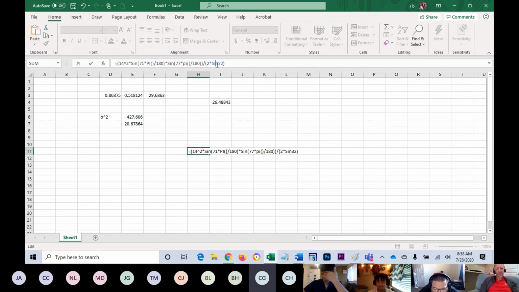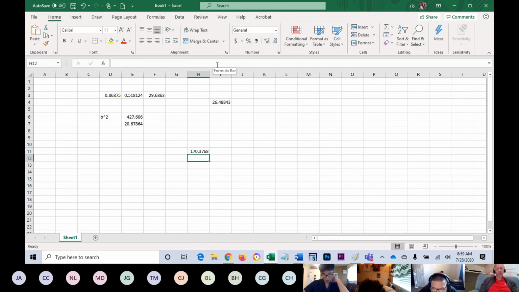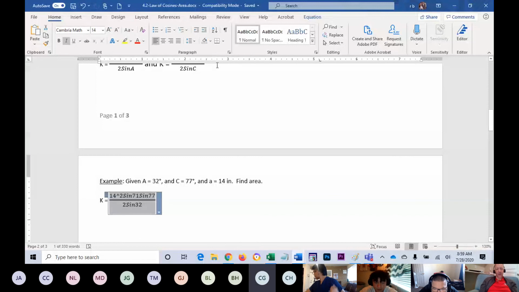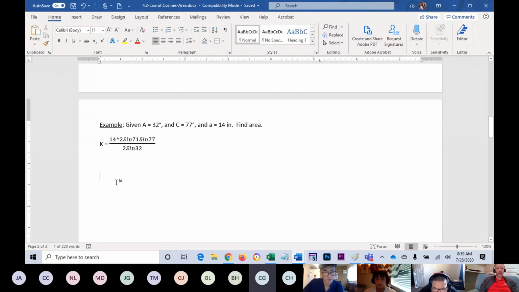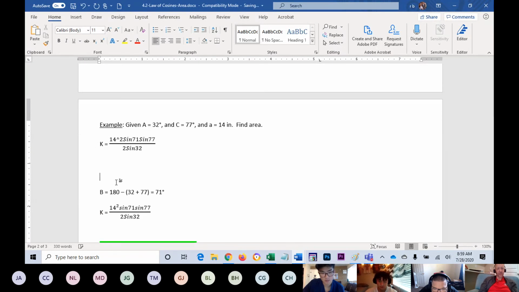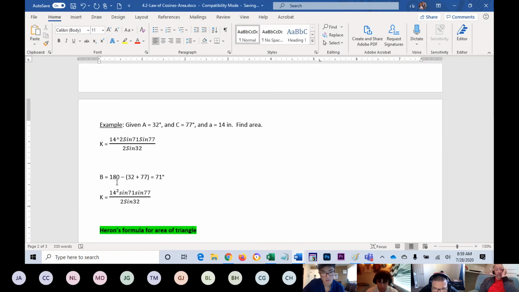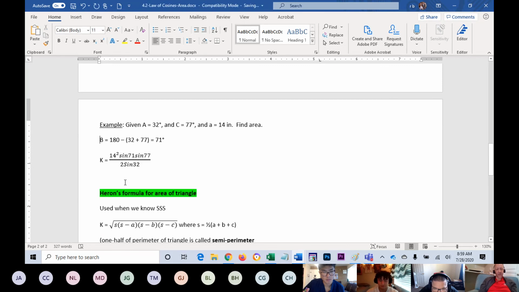And then sine of 32 times pi over 180. 170.37. Okay, piece of cake. Do you like these? They're just plug it in, basically. All right.